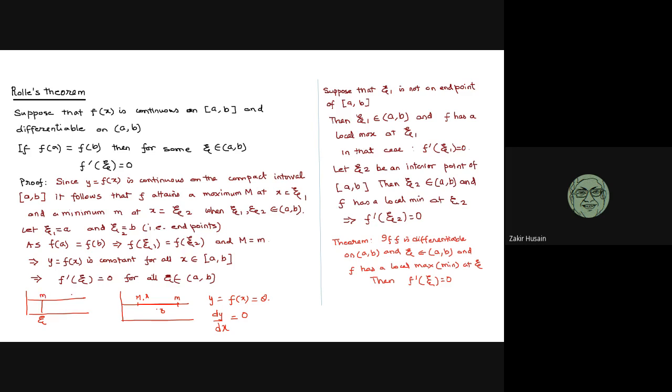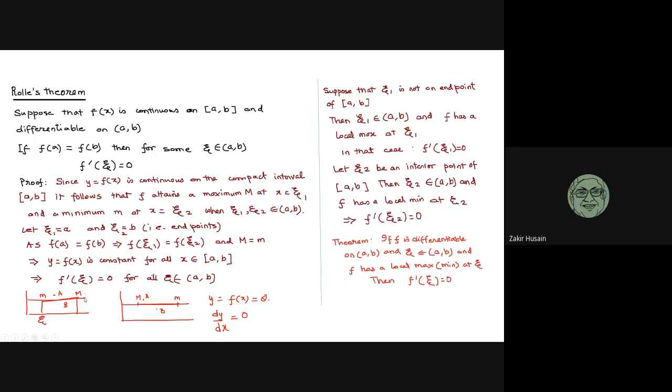This is the minimum and this is the maximum. So again, we cannot have a point like A. We cannot have a point like B. It is going to go like this. Okay. So in both cases, whichever we take, y equal to f(x) becomes a constant within this range.